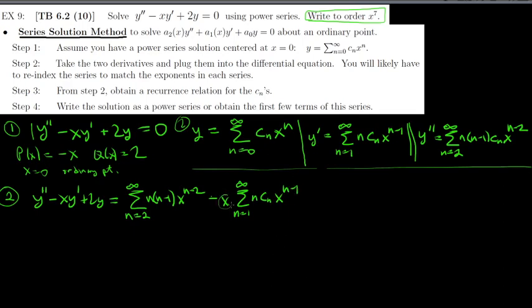Now be careful here. I put the x on the outside, but that really belongs on the inside here. So this is x on the inside, x to the 1. So notice what happens. X to the n minus 1 times x is x to the n minus 1 plus 1, which is just x to the n. So you see what happened.